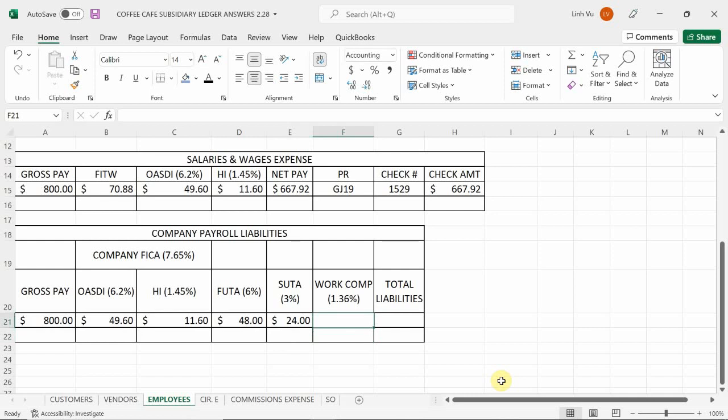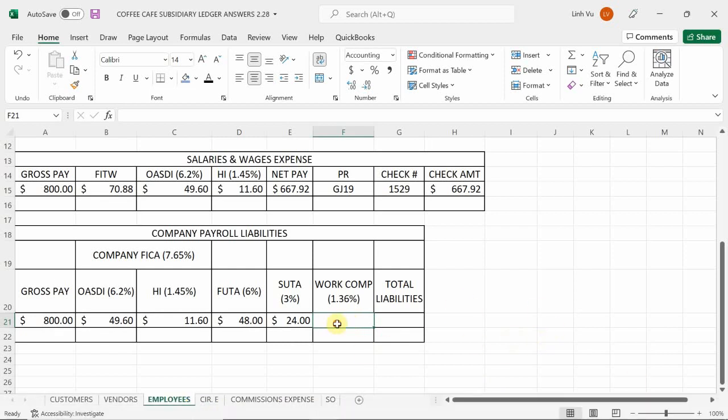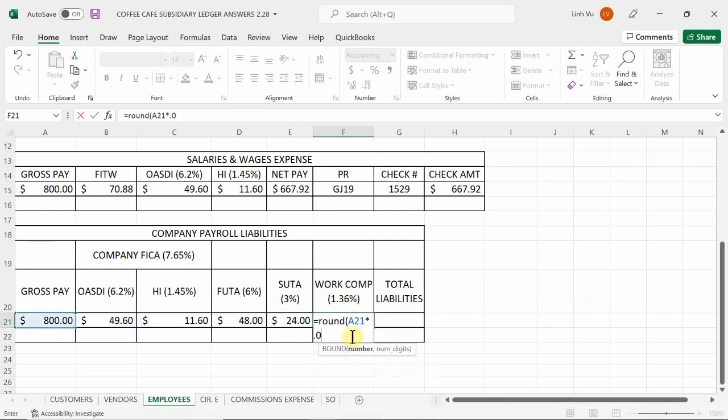So workers' compensation is a means for us to protect ourselves in case Irene does get injured on the job. Okay, so how do we calculate that? It's going to be 1.336% of gross pay.